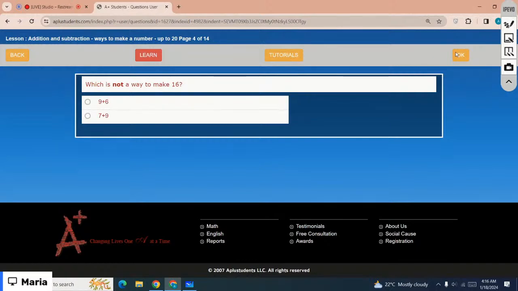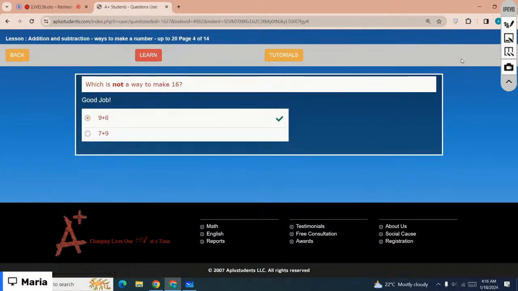Yes, the correct option is 9 plus 6. 9 plus 6 is not the way to make 16, right? Because when you add, that makes 15. So that is not the way to make 16. Got it?